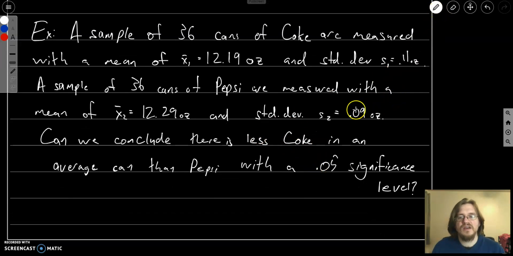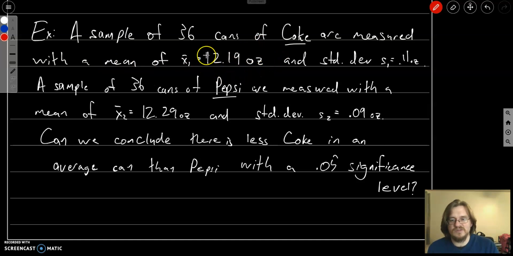So here we are comparing how much pop or soda is contained in some cans. So we took 36 cans of Coke and 36 cans of Pepsi, and we looked at how much liquid was contained in them.